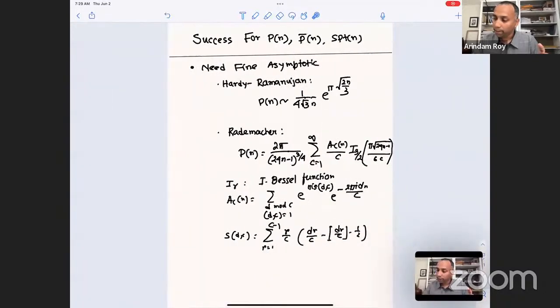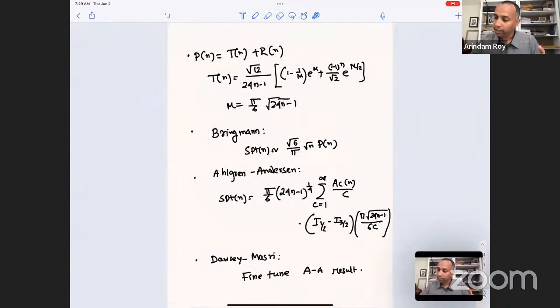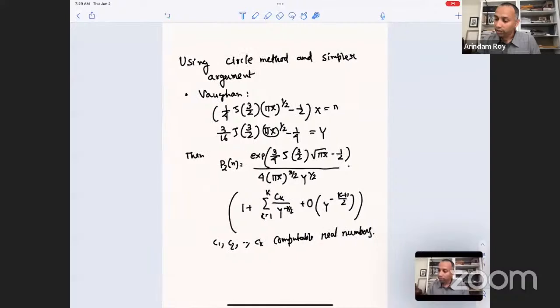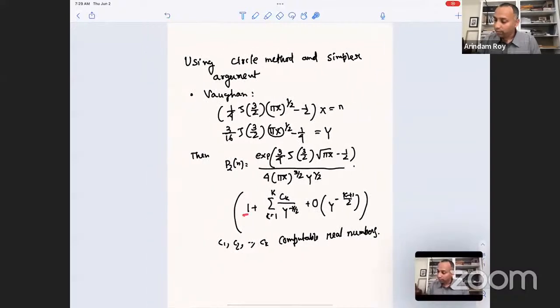Right here. You see that when I was writing here, if you factor out e to the power mu, the first term is constant, and the second term immediately gives an exponential decay. But if you look at the result of Vaughan right here, the first term is constant, and the next terms are polynomial decay. And that was the main roadblock to getting the hyperbolicity for the power partition.